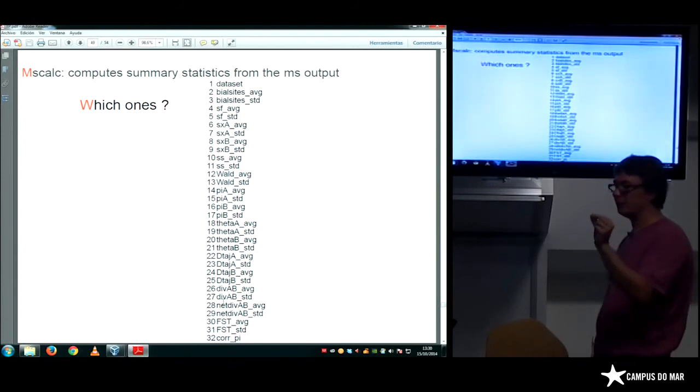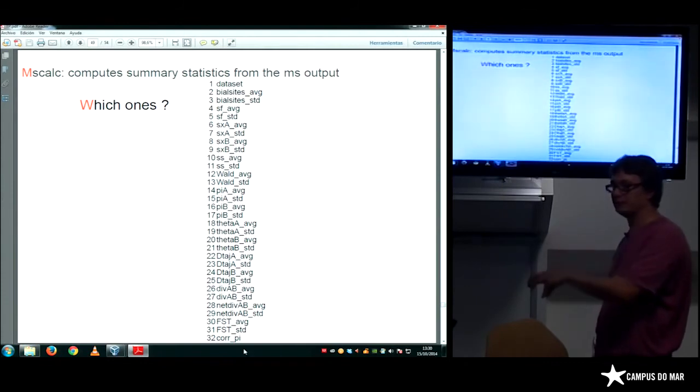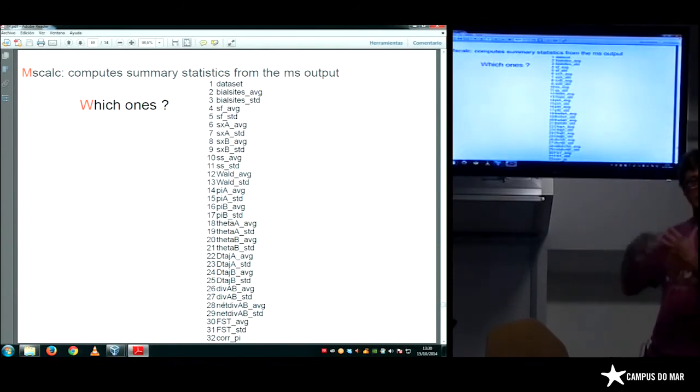So it's the divergence when you exclude the diversity within population, FST, and the correlation between the diversity in population 1 and the diversity in population 2. So this is all the summary statistics that are going to be computed in the simulation and in your data set.